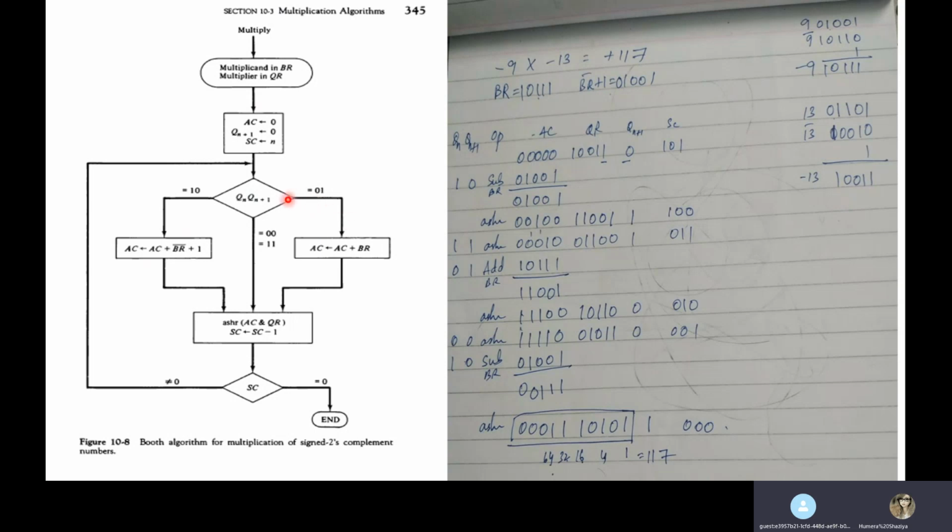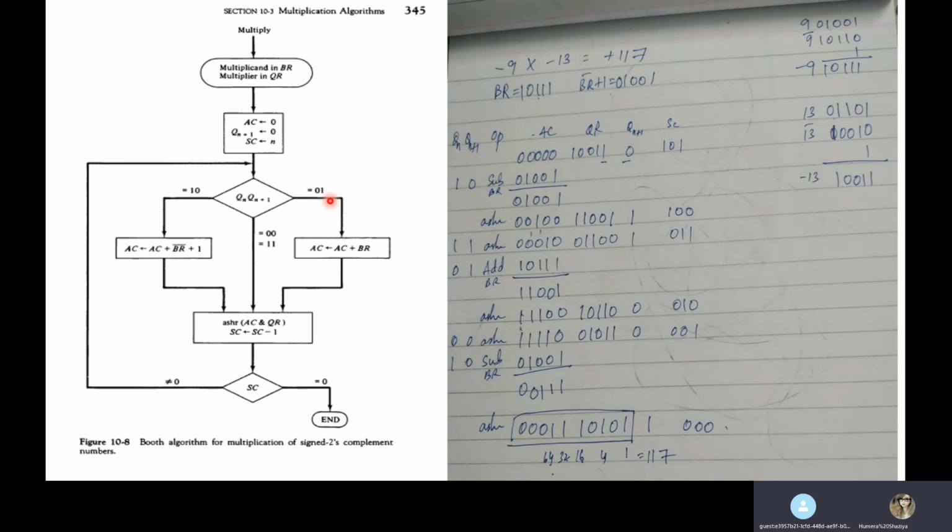The next combination is 0 1. The 0 1 combination is for addition. You have to say AC equals AC plus BR.